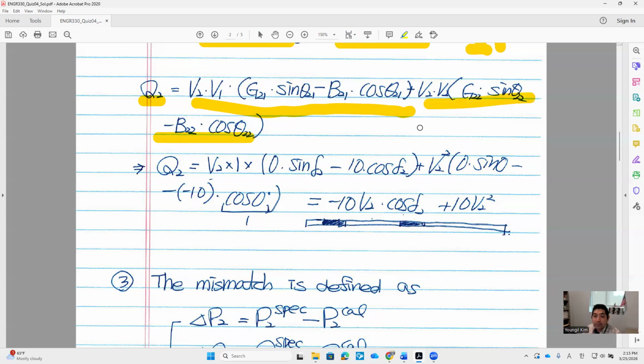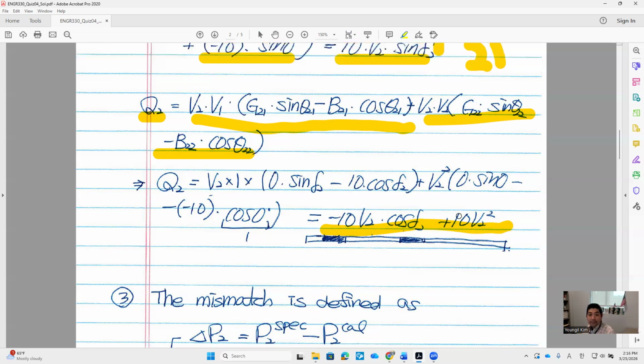Okay? So the same thing, just plug in the V sub 2 1 and delta sub 2 is what? 0. So finally minus 10 V sub 2 times cosine delta sub 2 plus 10 times V sub 2 square. Okay?